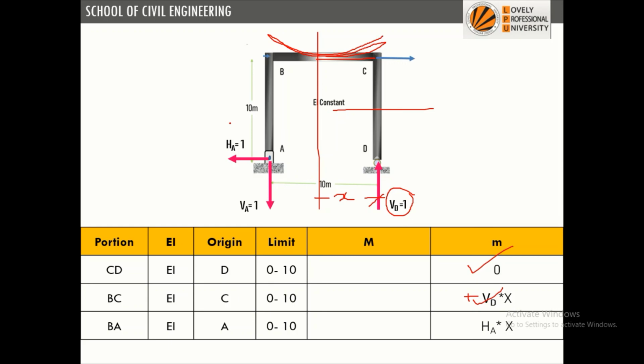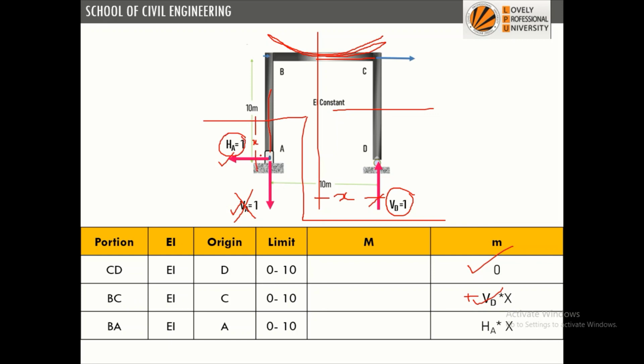Now we come to the last portion, that is AB. We cut a section like this, and either we consider all the forces on the other side of the section, or we consider only this part. So there are two forces, HA and VA. VA is passing through the axis of the member, so it will not give any moment. This reaction HA will give moment as HA into x.